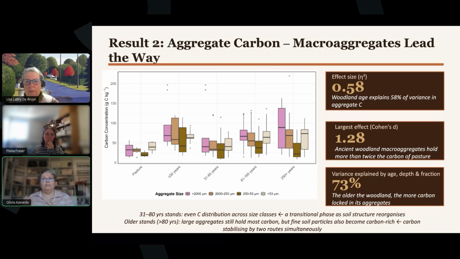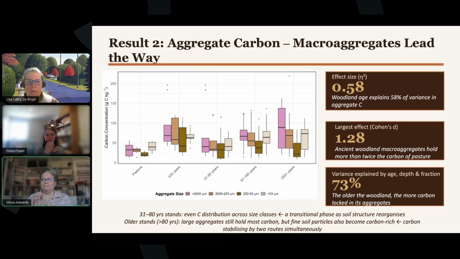In the oldest woodland, macro aggregates remain dominant, but the finest fraction also becomes carbon rich. Those are the tan beige colored boxes.